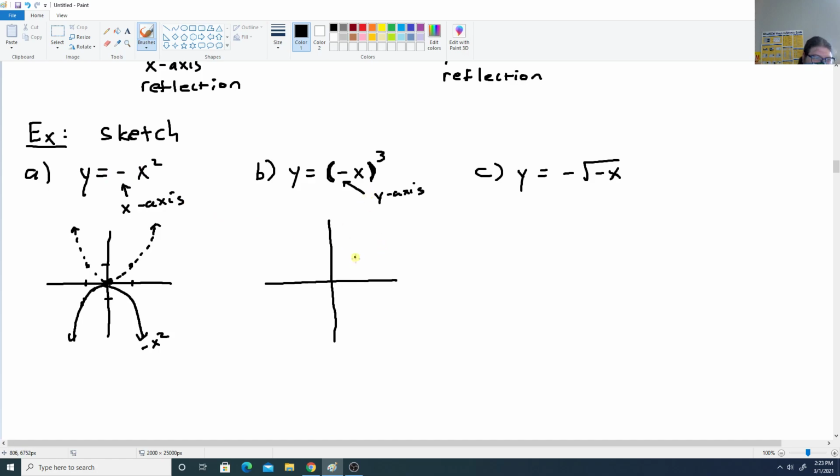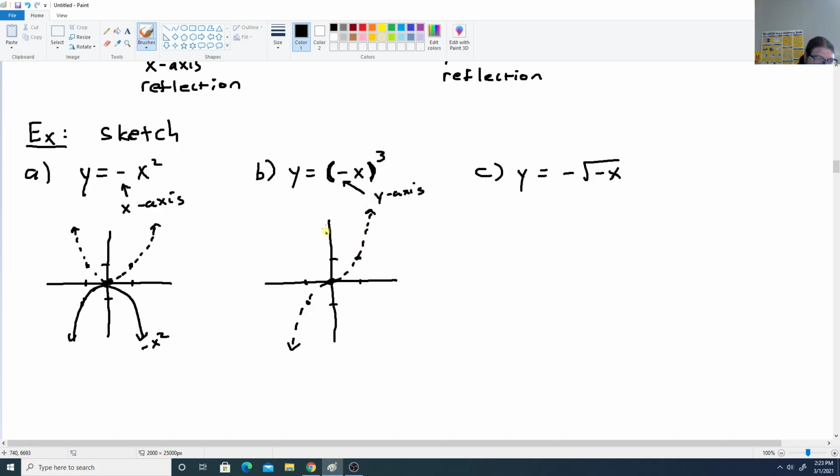So this is a y-axis reflection. We'll start with x cubed's graph, drawn dotted. X cubed's graph passes through the origin, passes through the point 1, 1, and also passes through the point negative 1, negative 1. So these are a couple points we know are on the graph.